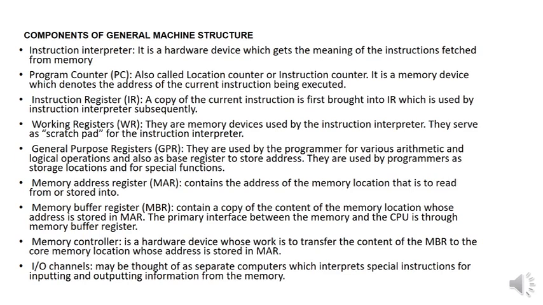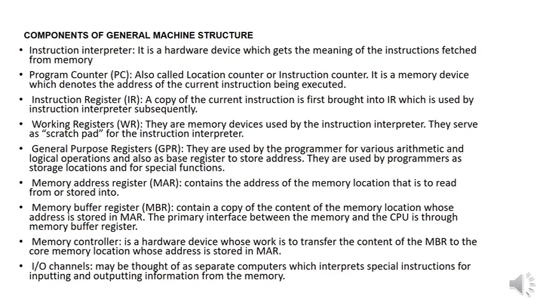A copy of the current instruction is first brought into instruction register, which is used by instruction interpreter subsequently. So the copy of the current instruction will first of all be brought to instruction register, just to register that instruction, so that instruction interpreter can subsequently make use of it.